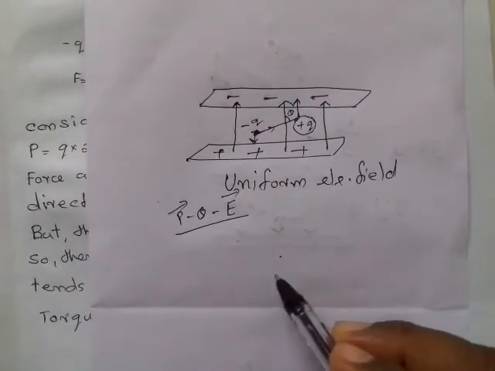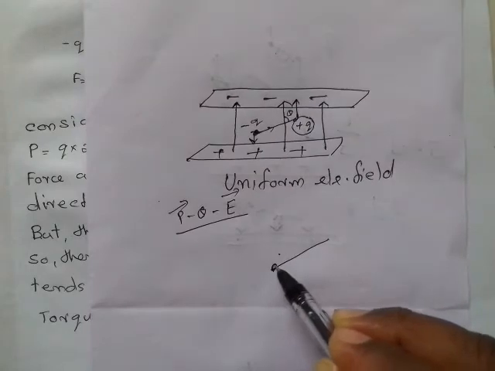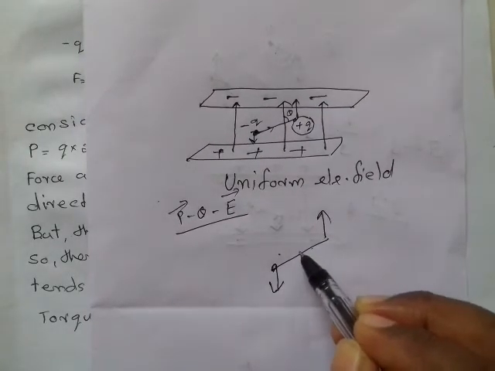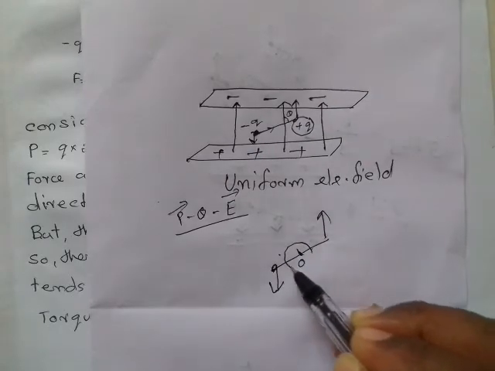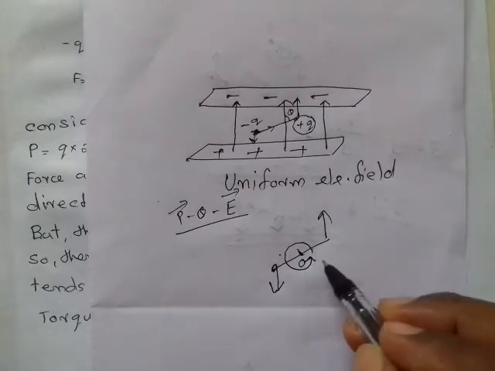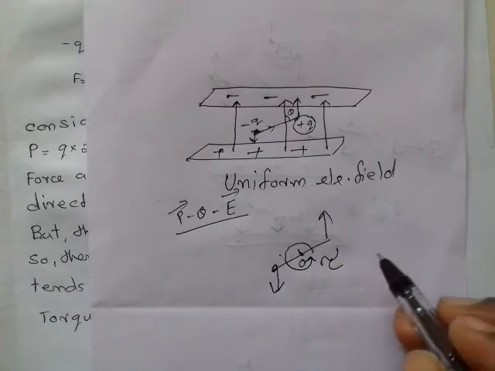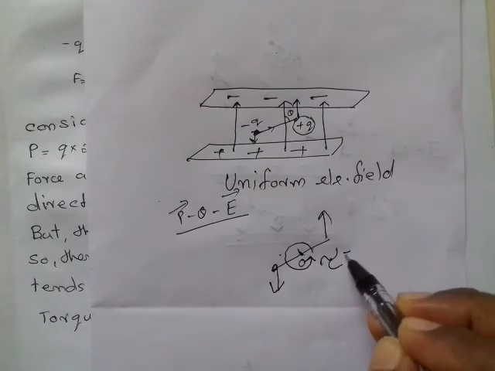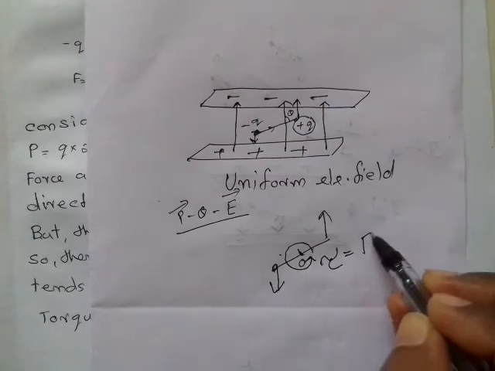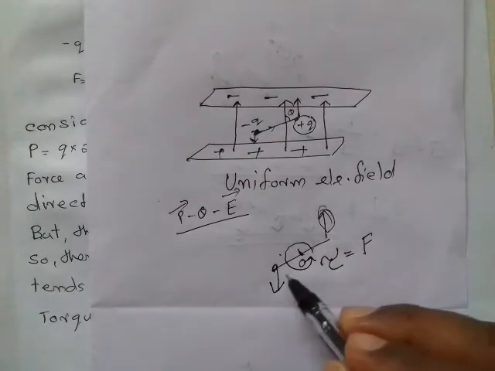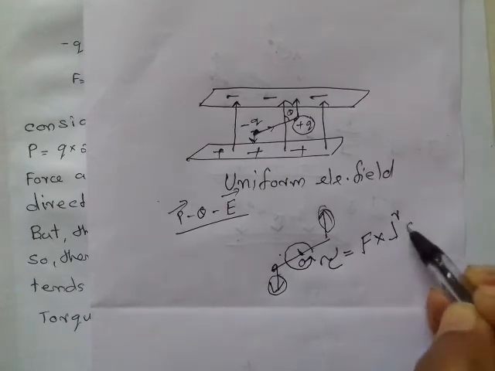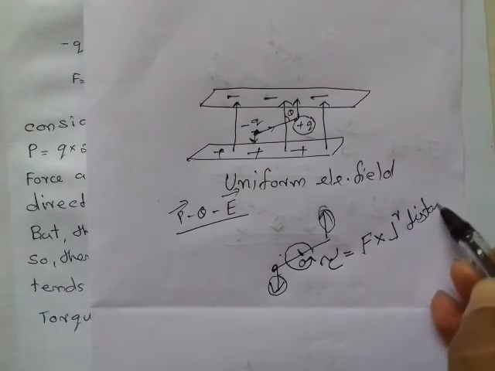You can see that it's a dipole, and one force is acting in this way, another force is acting in this way. So about the center O, it will try to rotate in this manner. That rotating effect is called torque. It is represented by the letter tau. The equation for torque is any one of the forces into the perpendicular distance.